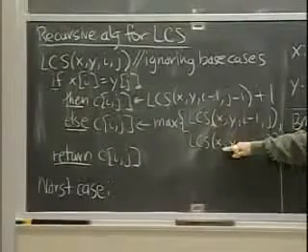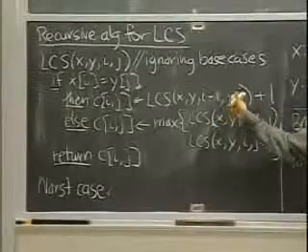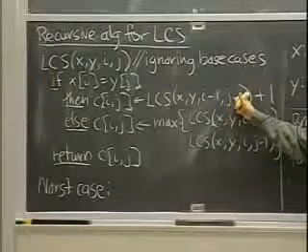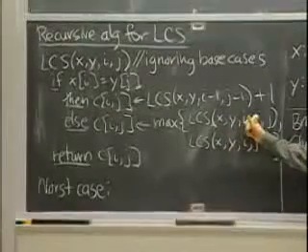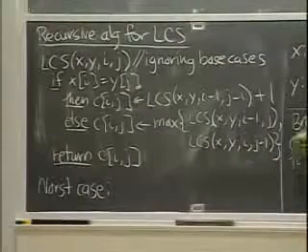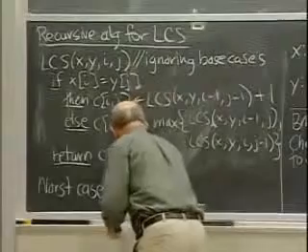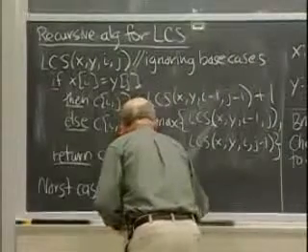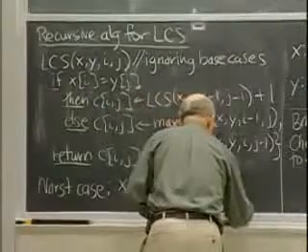You're doing two LCS subcalculations here. Here you're only doing one. Not only that, but you get to decrement both indices, whereas here you only get to decrement one index, and you've got to calculate two of them. So that's going to generate the tree. So in the worst case, x of i is not equal to y of j for all i and j.